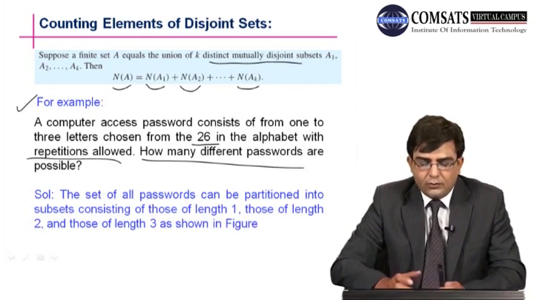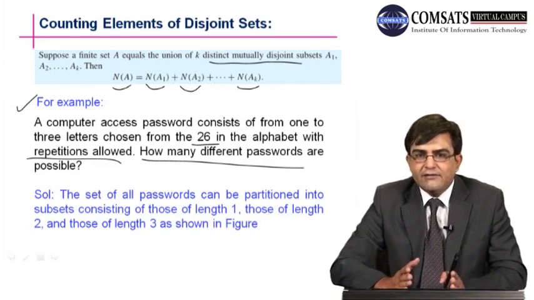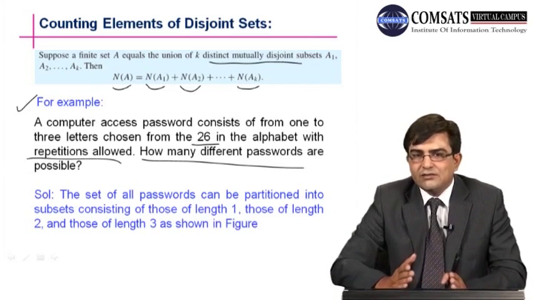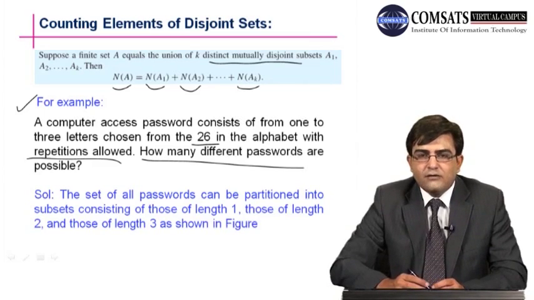Now, the set of all passwords can be divided into 3 subsets. We suppose that there are 3 subsets: A1, A2, A3. A1 contains all the passwords whose length is 1. That is, in this set the passwords are of only 1 letter. And in the second set, we suppose that the passwords are of length 2.